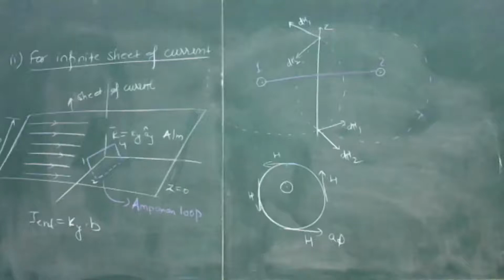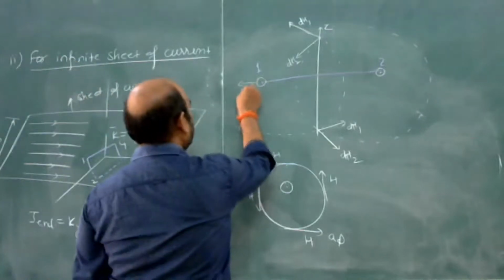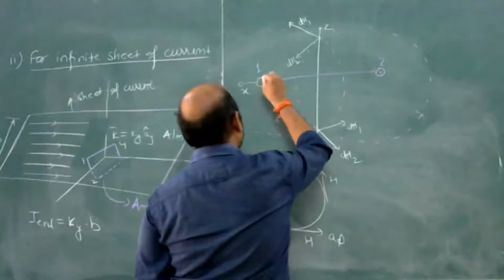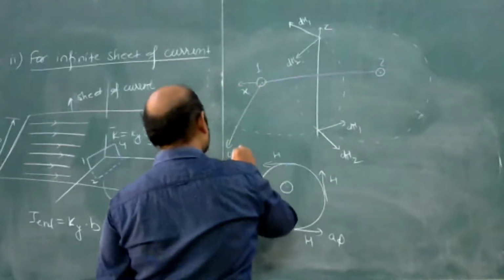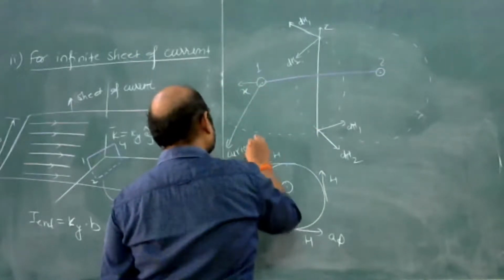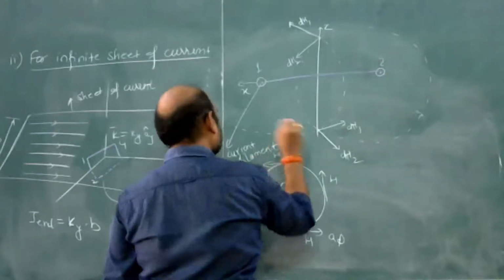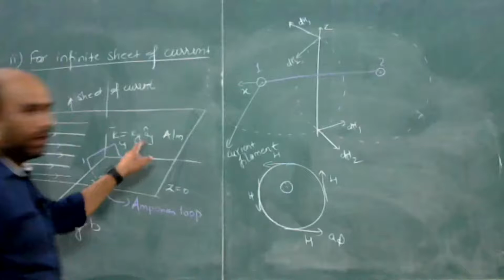So we have considered a symmetrical pair of current filaments. This is X, this is Z. This is a pair of current filaments which is carrying current in the AY direction.